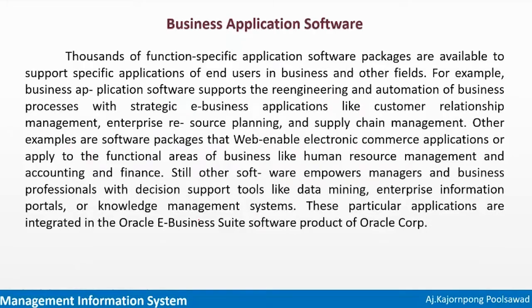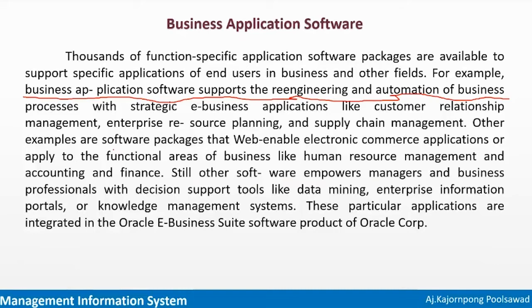So after that, we talk about business application software. We have thousands of functions. Thousands of function-specific application software packages are available to support specific applications for the end user in business. For example, business application software supports the re-engineering and automation of business processes with strategic e-business applications like customer relationship management, enterprise resource planning, ERP, like I told you before, and supply chain management.